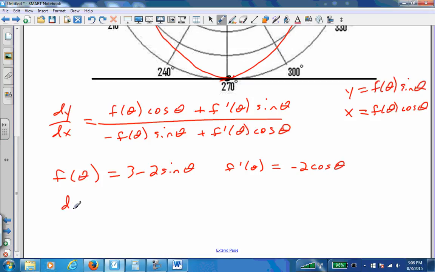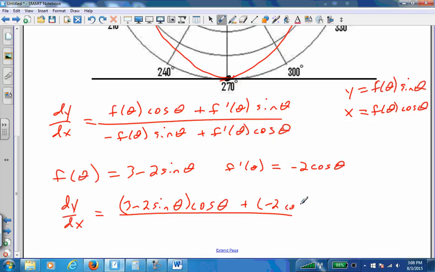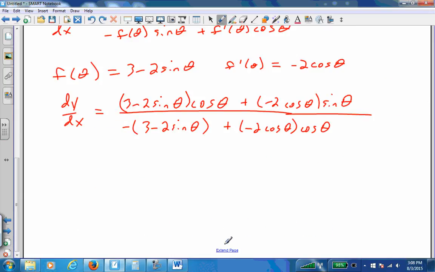So dy over dx is 3 minus 2 sine theta times cosine theta plus f prime, negative 2 cosine theta, times sine theta, over minus the function 3 minus 2 sine theta plus f prime, negative 2 cosine theta, times cosine theta. So you give me an angle, I'll give you the slope.